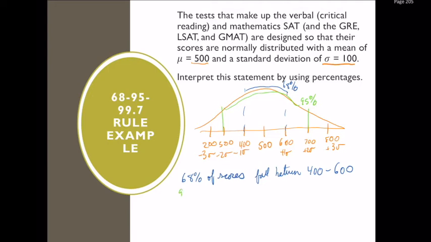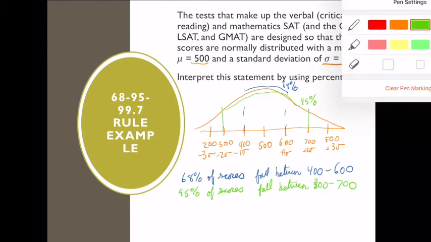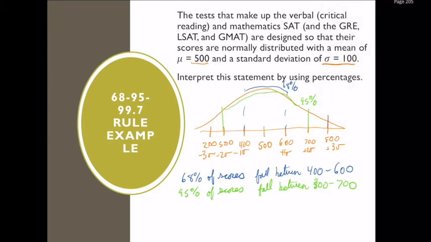So 95% of scores fall between 300 and 700. And last but certainly not least, I can look at the third standard deviation. I know that that holds 99.7% of data. So I can say that 99.7% of scores fall between 200 and 800.